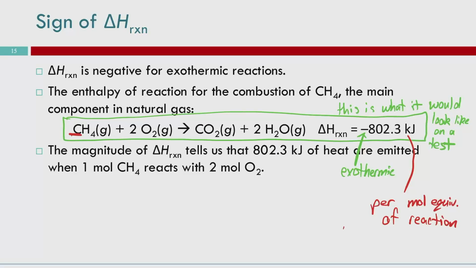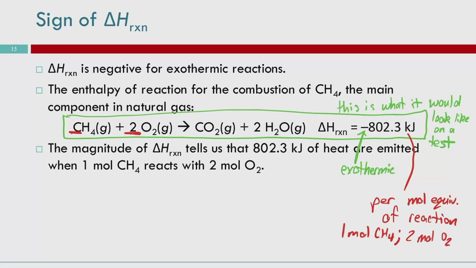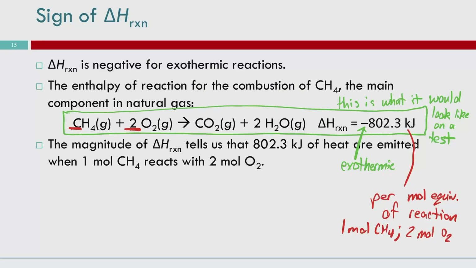So for 1 mole of CH4, or 2 moles of O2. It's really both, but usually for these problems we don't do a limiting reactant part. So there's a secret per mole bit on there.